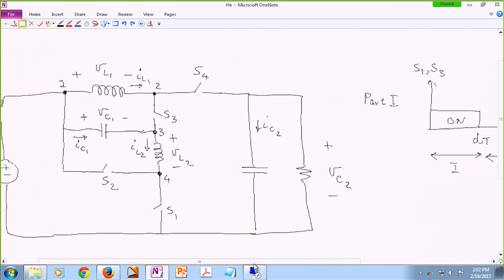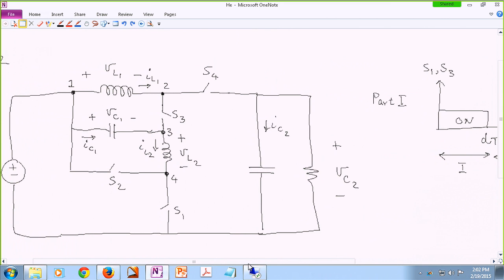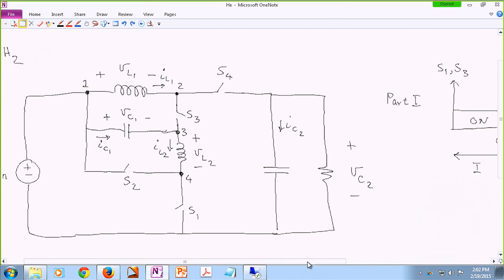The other thing is, in switch realization, we were looking at the throw voltage, and we were trying to find out if the throw voltage is positive or negative. Here it's easy because we have already analyzed the system. If you remember, with this polarity, we got a positive voltage here, and the output voltage is appearing in this polarity.